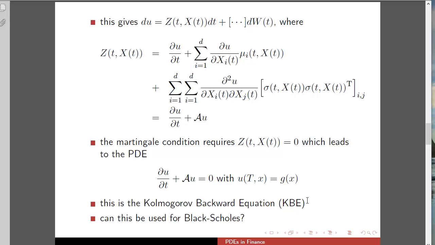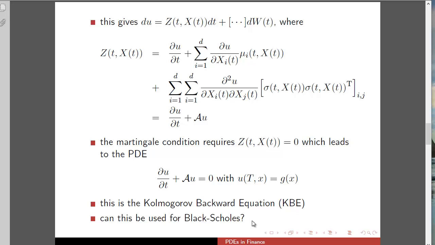If you only had the payoff there in the expectation, that would make KBE suitable for the pricing itself. But once you have the discounting term there, you can't really use it, because it just simply cannot incorporate the discounting.